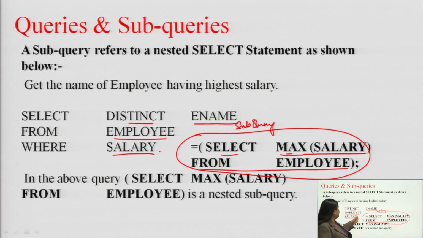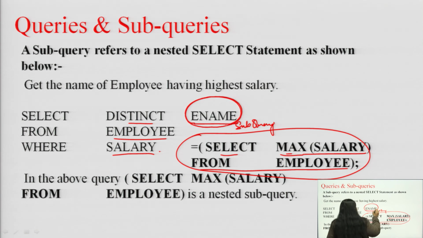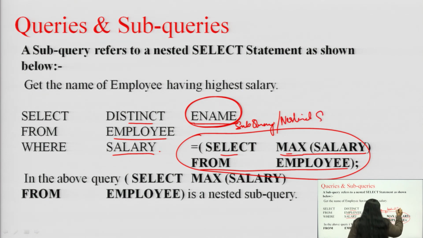And the parent query is selecting or searching for the name of only that employee who has the maximum salary. So, this can be called a subquery, or it is also known as a nested subquery.